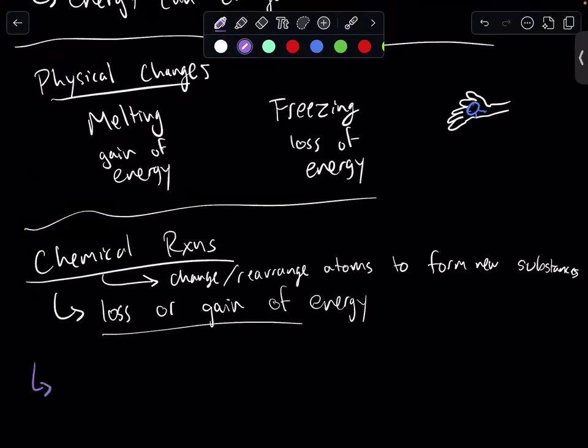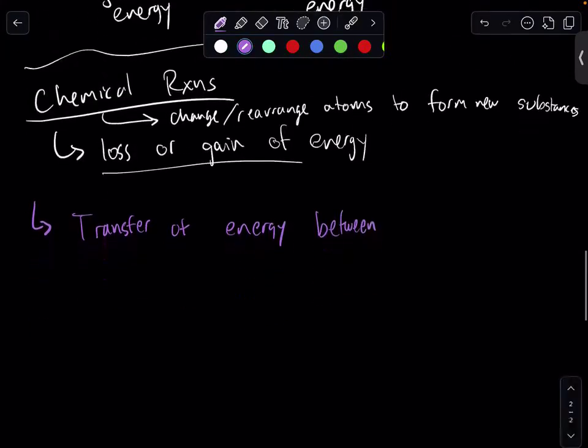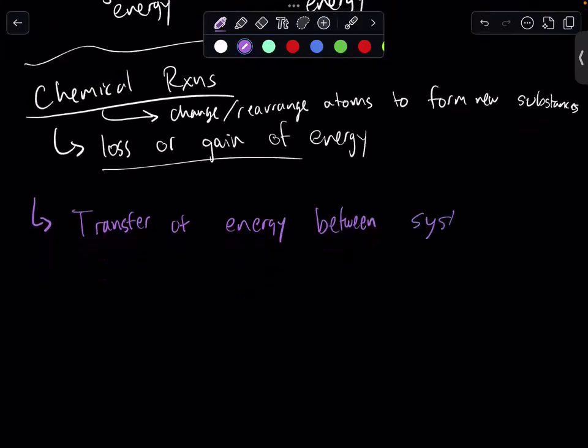Now, when we lose or gain energy, this usually happens as a transfer of energy between what we refer to as the system and surroundings. So this is something that you will have to know the definition of.